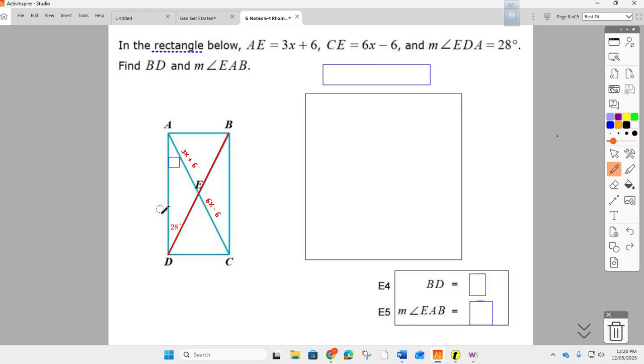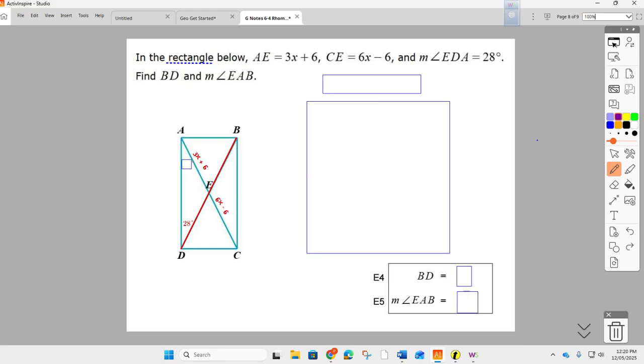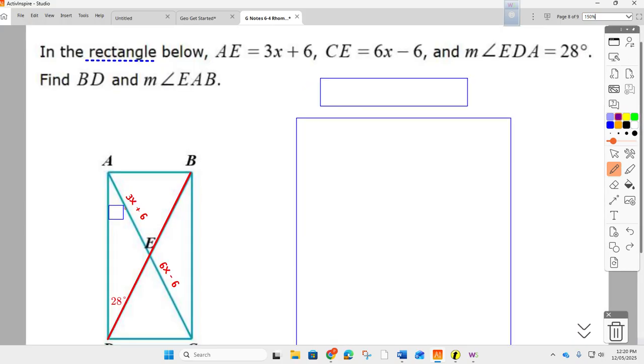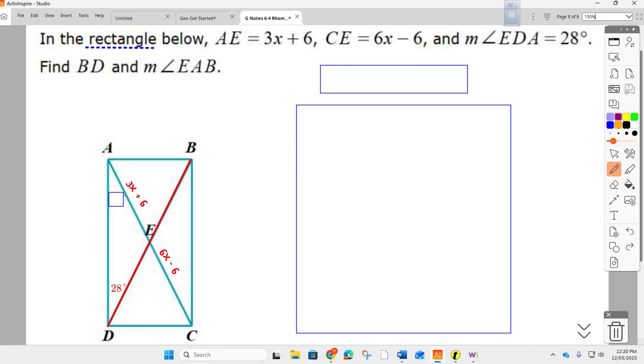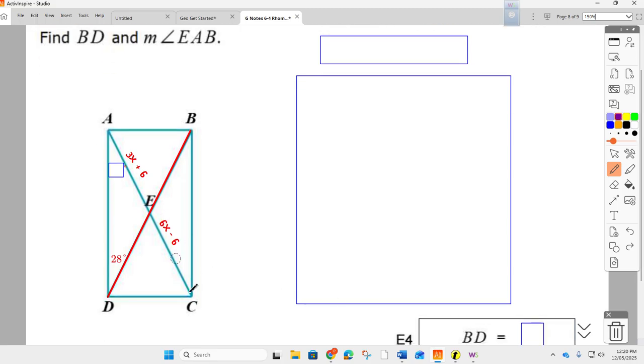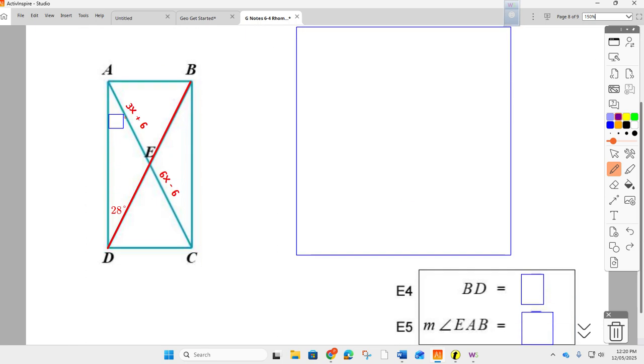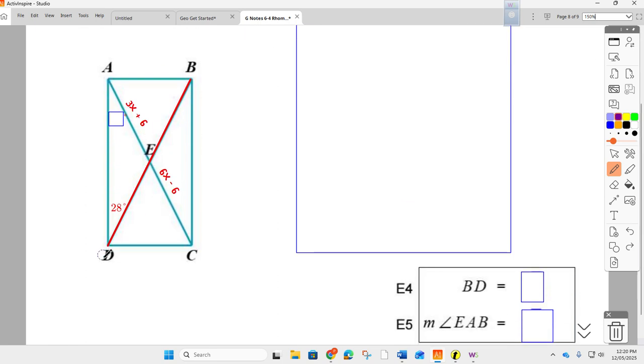They told us that AE was 3x plus 6. Let me make it a little bigger. They told us that CE is 6x minus 6. So CE is 6x minus 6. They told us that the measure of angle EDA is 28 degrees.